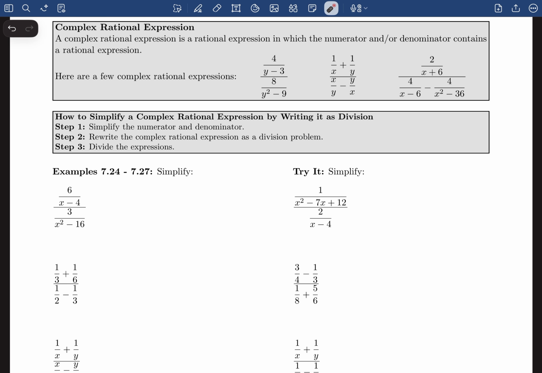Okay, so we're going to dive into a handful of examples. And when I see a rational expression divided by a rational expression, I keep the top expression the same. Okay, so we'll say keep. And then the division, we're going to switch it to multiplication.